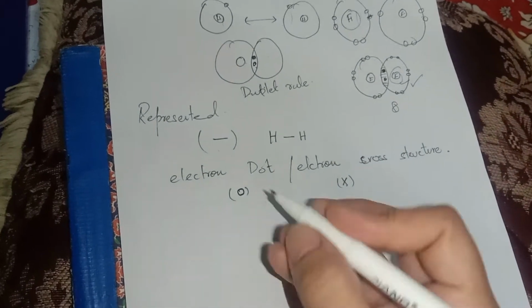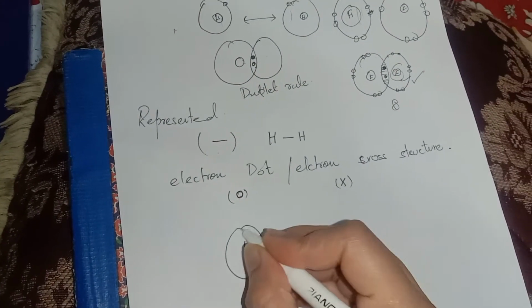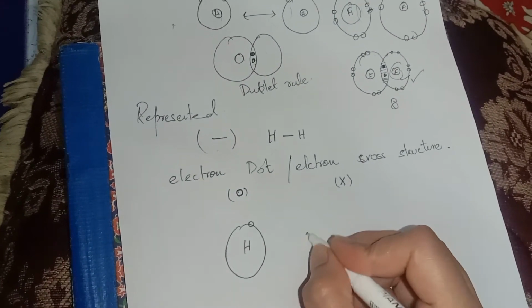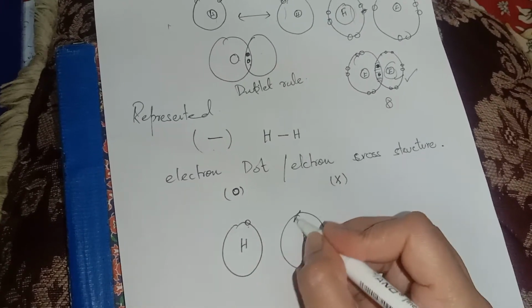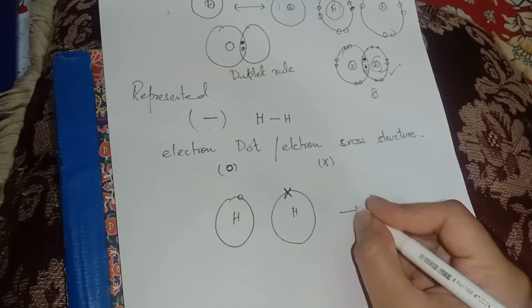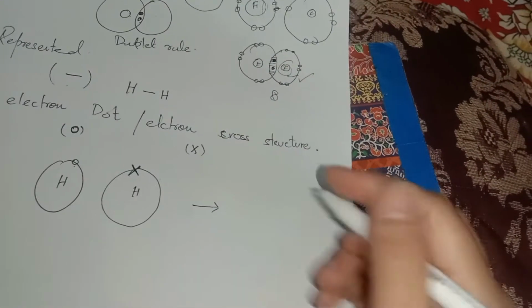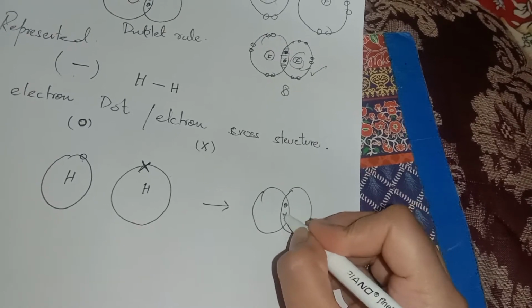For example, let's take hydrogen again. If hydrogen is going to react with another hydrogen, rather than representing the electron of the other hydrogen with a dot again, we can represent it with a cross.